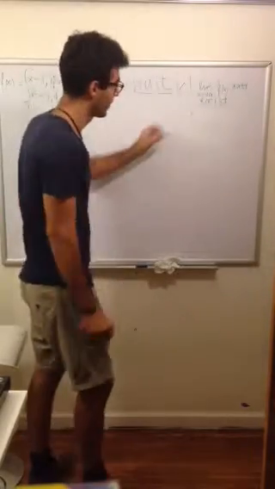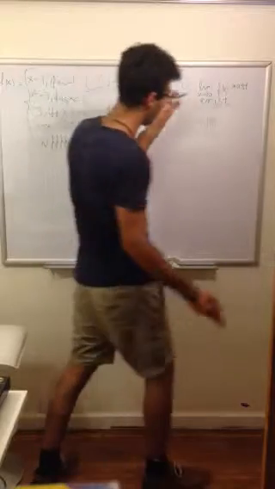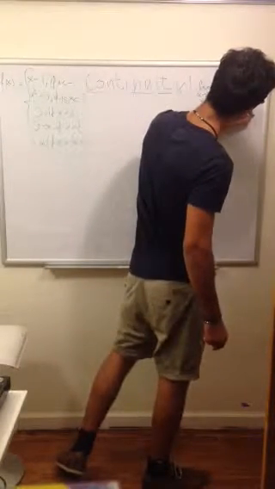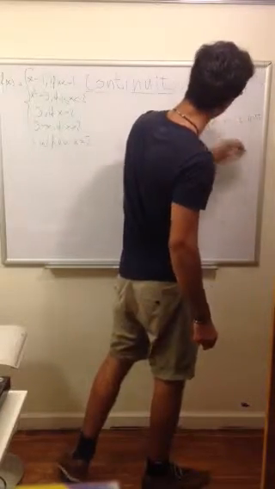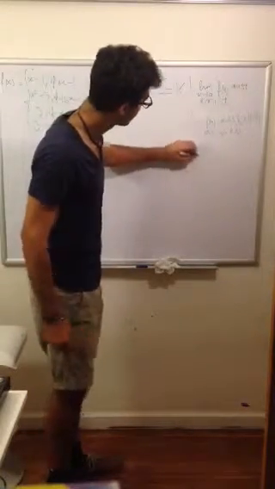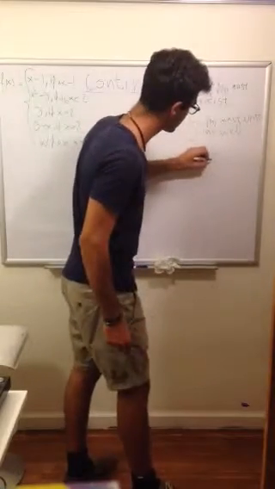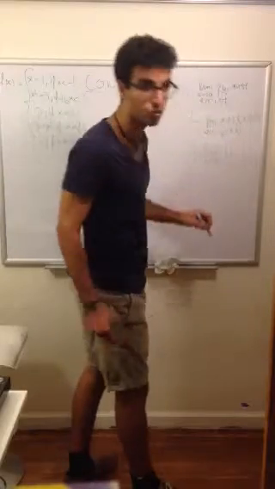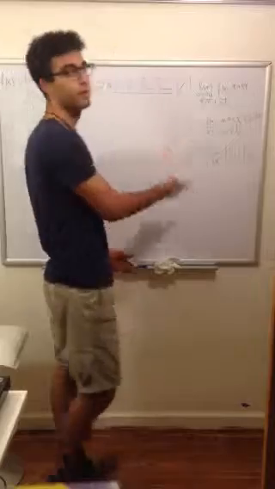Here it is. f of a must exist as well. That's it. Must exist as well. Okay. Now the third condition. It's not too hard. It's our limit as x approaches a of f of x must be equal to f of a. And that's it.